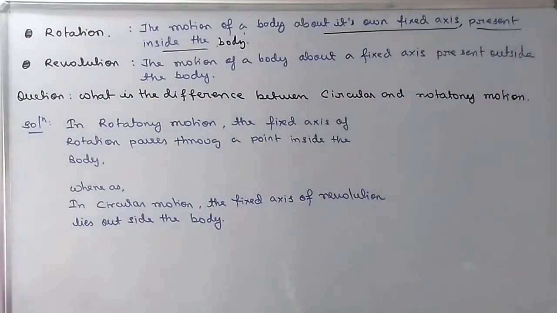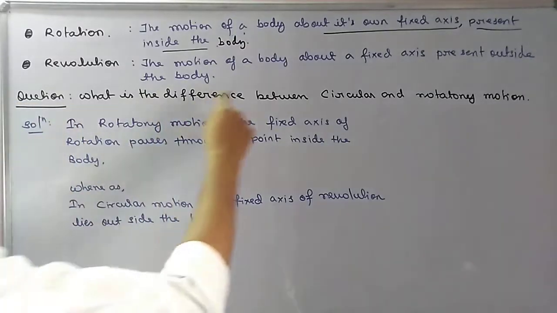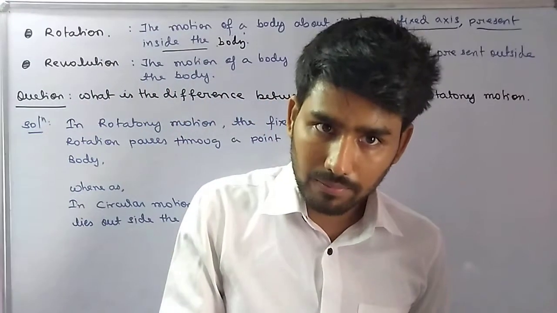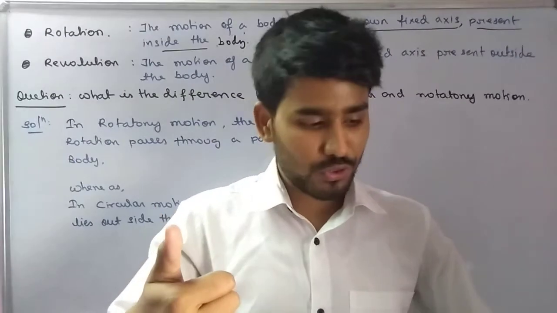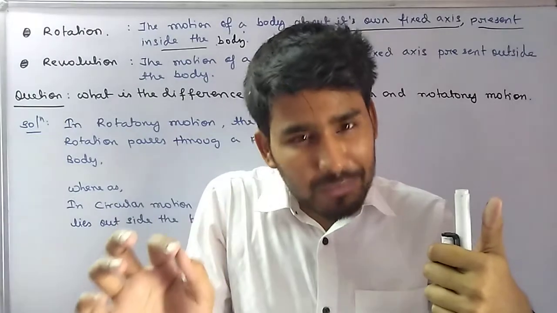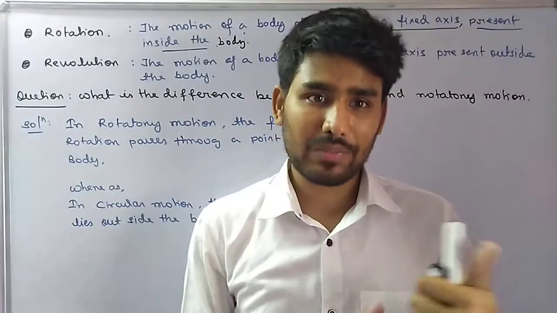So this brings us to the question: what is the difference between circular motion and rotatory motion? Just like the way we discussed the difference between translatory motion and rotatory motion. In translatory motion, every point on the object covers the same distance in the same interval of time.